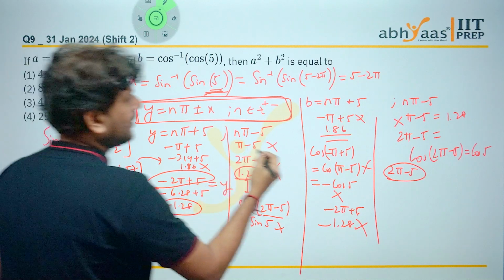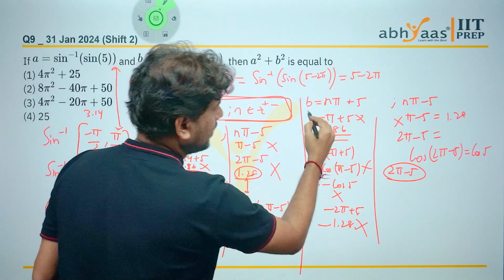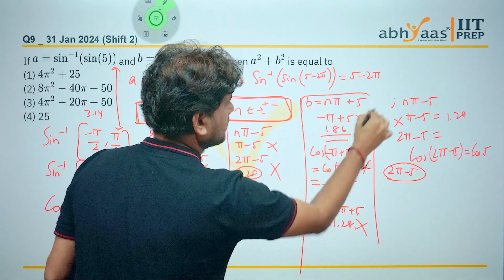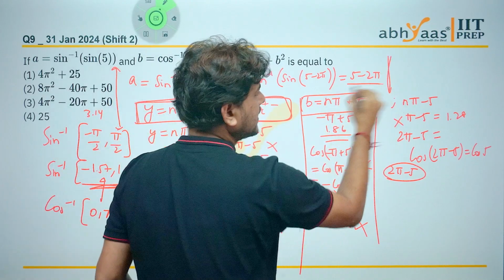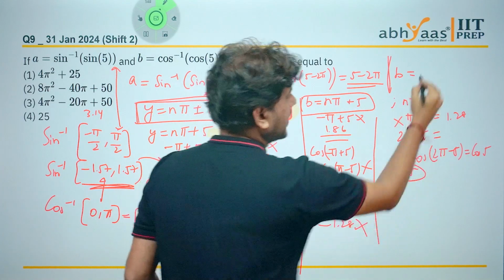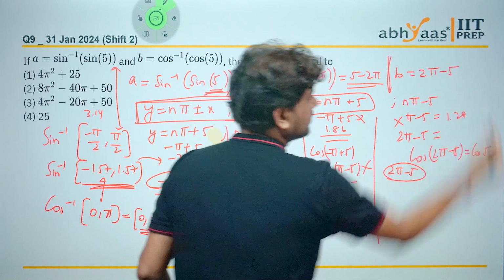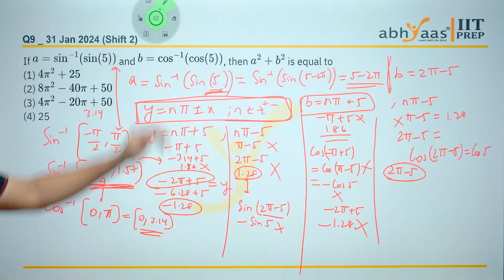Okay. So the B value, let me write it again here. The A value is this, the B value is 2 pi minus 5. Now we have to find A square plus B square.